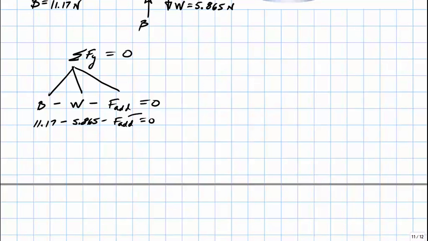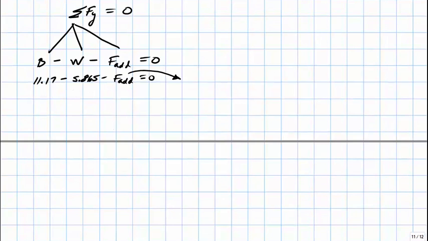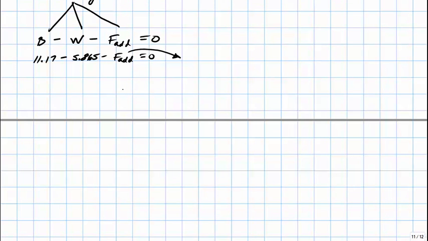If we transfer the additional force to the other side, we obtain 5.305 newtons. And so we will have to press down on the top of that block with an additional 5.305 newtons in order to force it to be completely submerged.